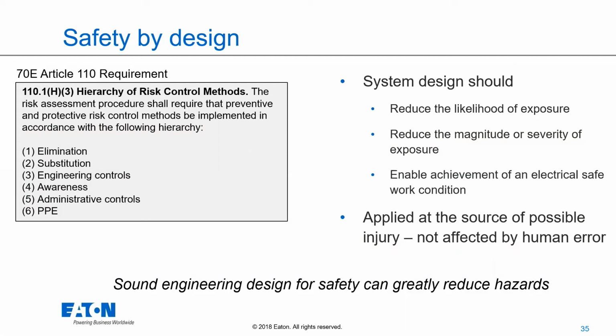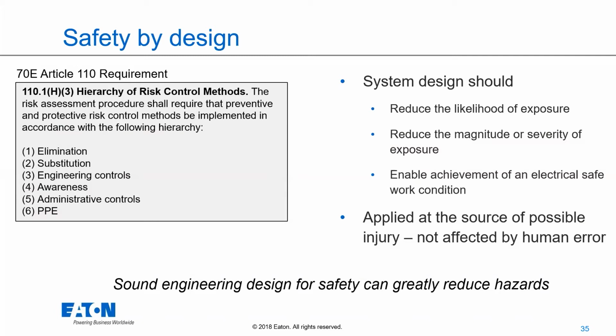Engineering controls, right? That's things like lockout, tagout, or really even interlocks within pieces of equipment so that you can't get into them. Engineering controls is next. Awareness, administrative controls, right? That's, here's a maintenance procedure that you have to follow.